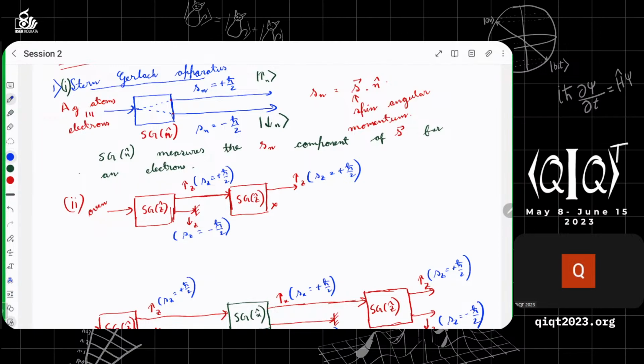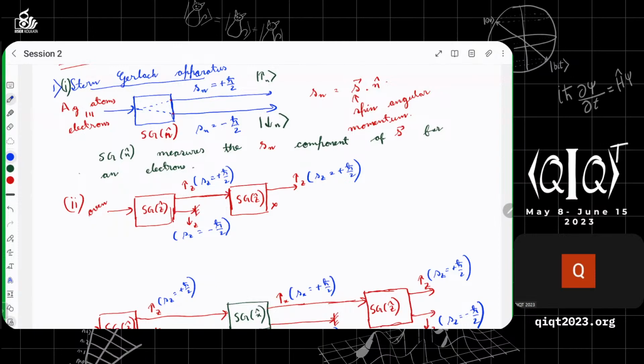Now, last day we talked about the Stern-Gerlach apparatus in terms of silver atoms, but really it was only the unpaired electron in the 5s orbital of the silver atom which was leading to all this phenomena.